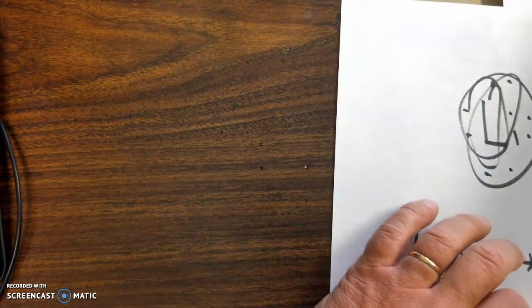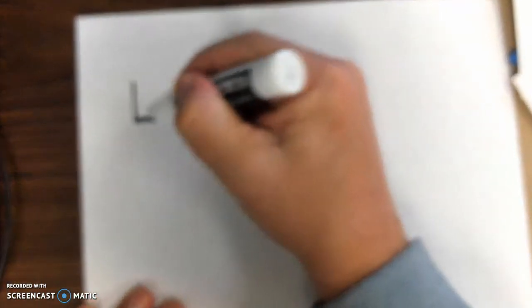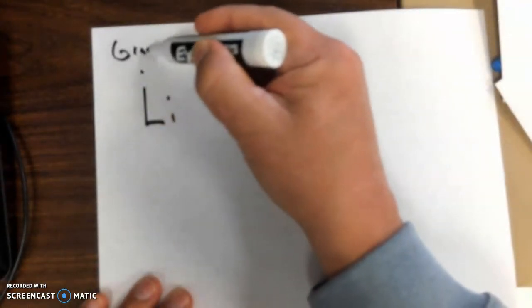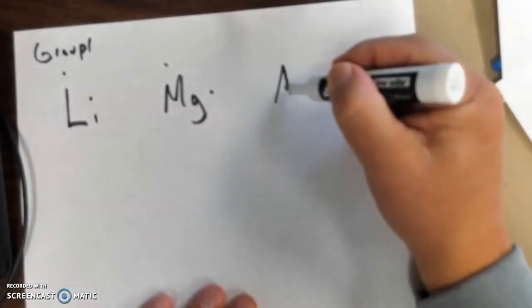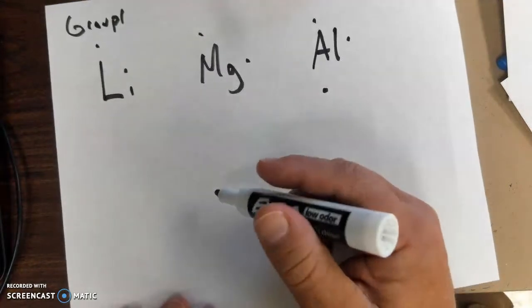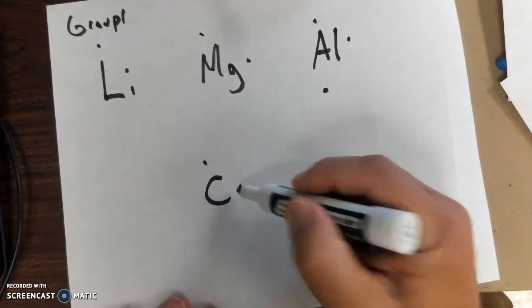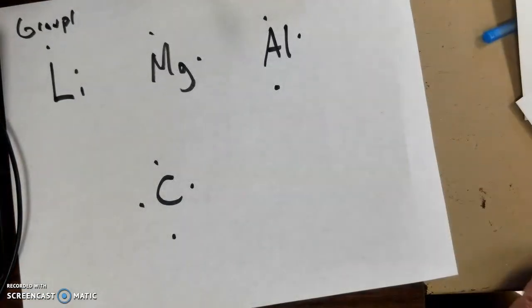The reason these electron dot models are so important is they give you an idea of what the outermost shell looks like in an atom. Things that are in group 1. Things that are in group 2. Things that are in group 13. Things that are in group 14. Things that are in group 15.